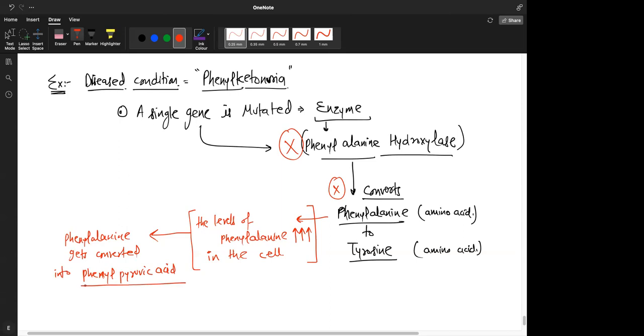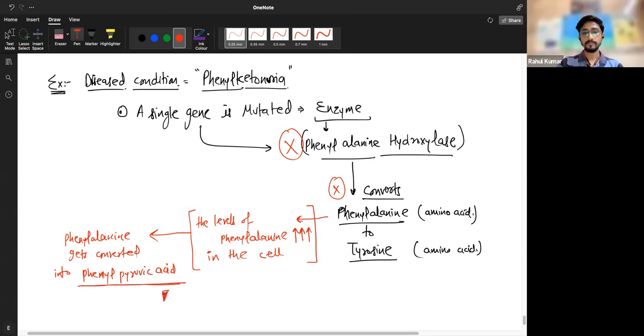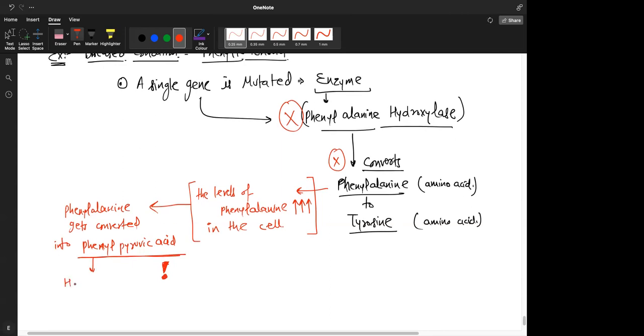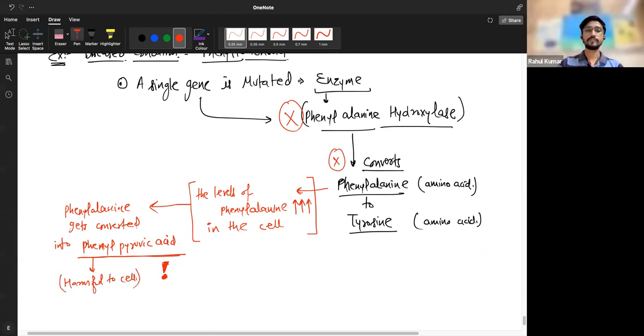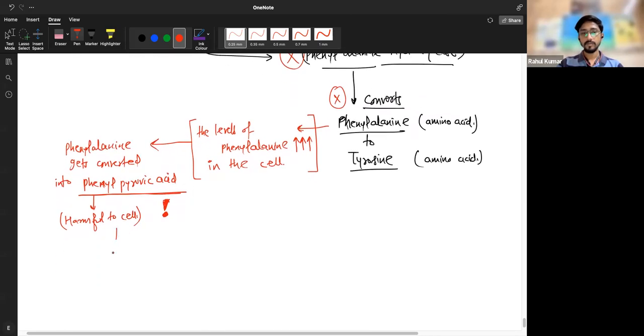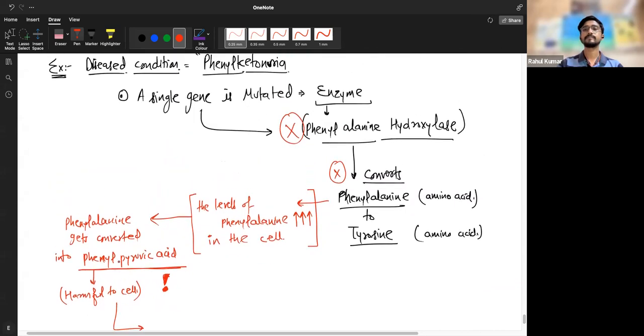Yes. This thing is harmful to the cell. So if phenylalanine starts increasing, then this will be formed, and this is harmful, so it causes effects.